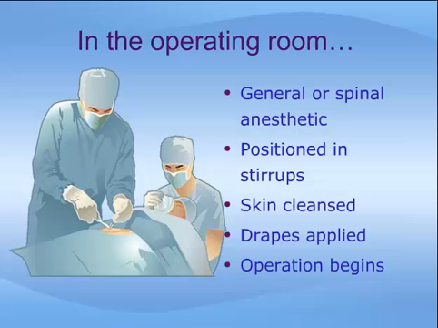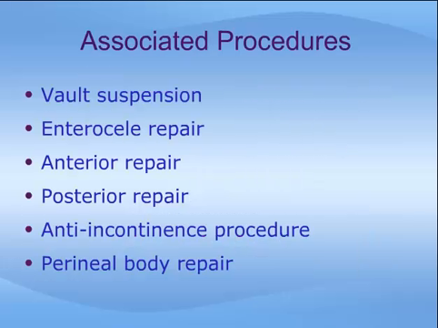Vaginal hysterectomy can be done under either spinal or general anesthetic. It often depends on what you prefer. If you prefer to be awake, it is a good idea to bring some earphones and a music player of your choice. At the time of hysterectomy, other procedures are often required, depending on the situation.